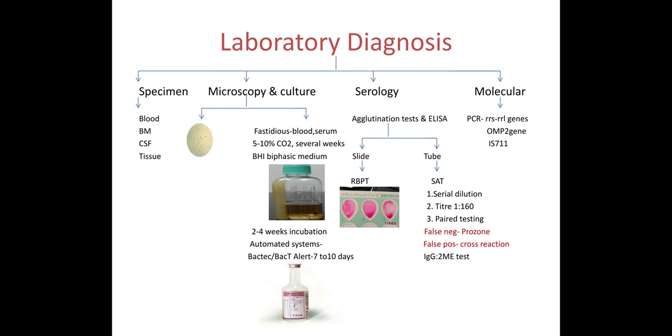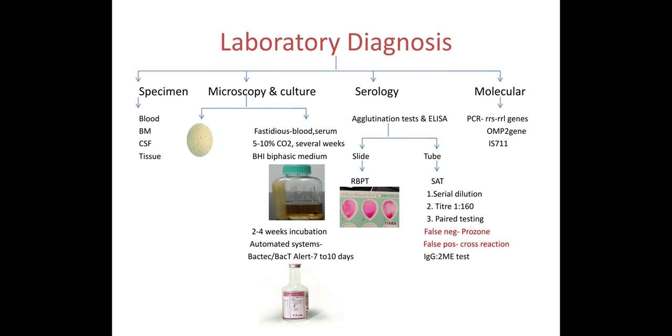Bone marrow, CSF and other tissues like placenta can be the specimen for diagnosis. Once we get all these samples, apart from blood, for the rest of the samples we do a microscopy. The microscopic picture will be that of small gram-negative coccobacilli.